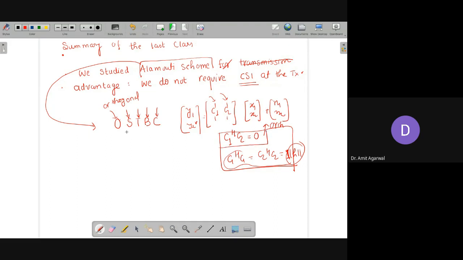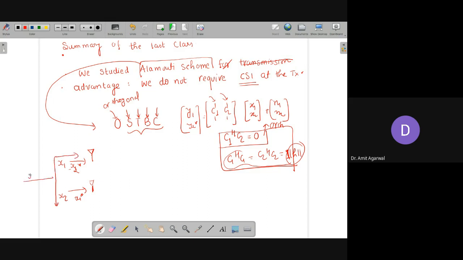And why did we call it space-time block codes? Because if it is two antennas, then in the first time slot we transmit x1, x2, and in the second time slot we transmit this.